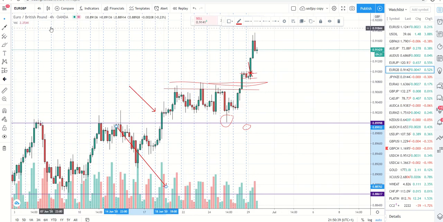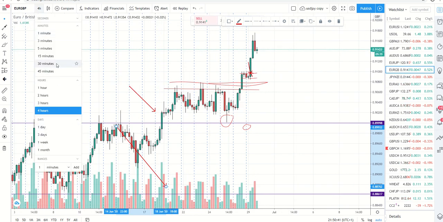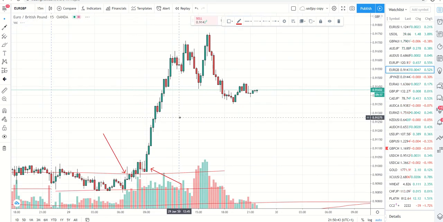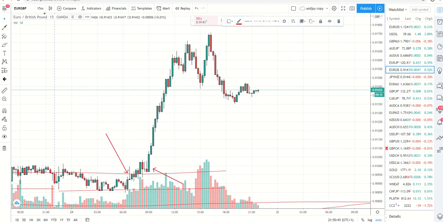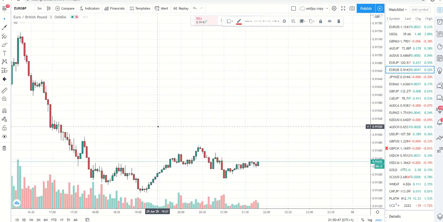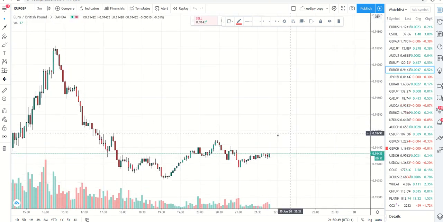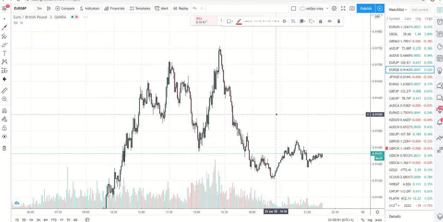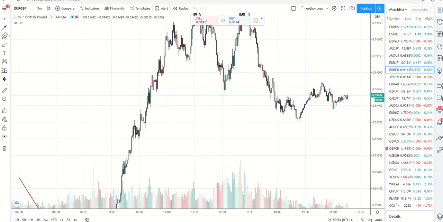Now, what you do have to be careful of, if you're trading on the lower time frames, you're going to get a lot of price action. You're going to get a lot of support and resistance levels. Okay, I'm just going to clear everything off my chart. Right, so you're going to get a lot of support and resistance levels.